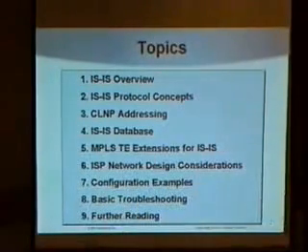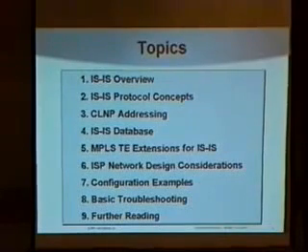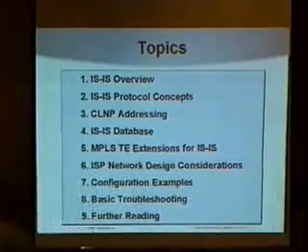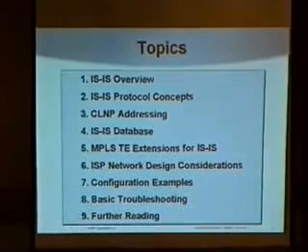So we'll do that a little bit. The next thing is the ISIS database, and then MPLS traffic engineering extensions for ISIS. We'll look at some network design considerations, and then some configuration examples. And again, some basic troubleshooting, because we don't have enough time for that.